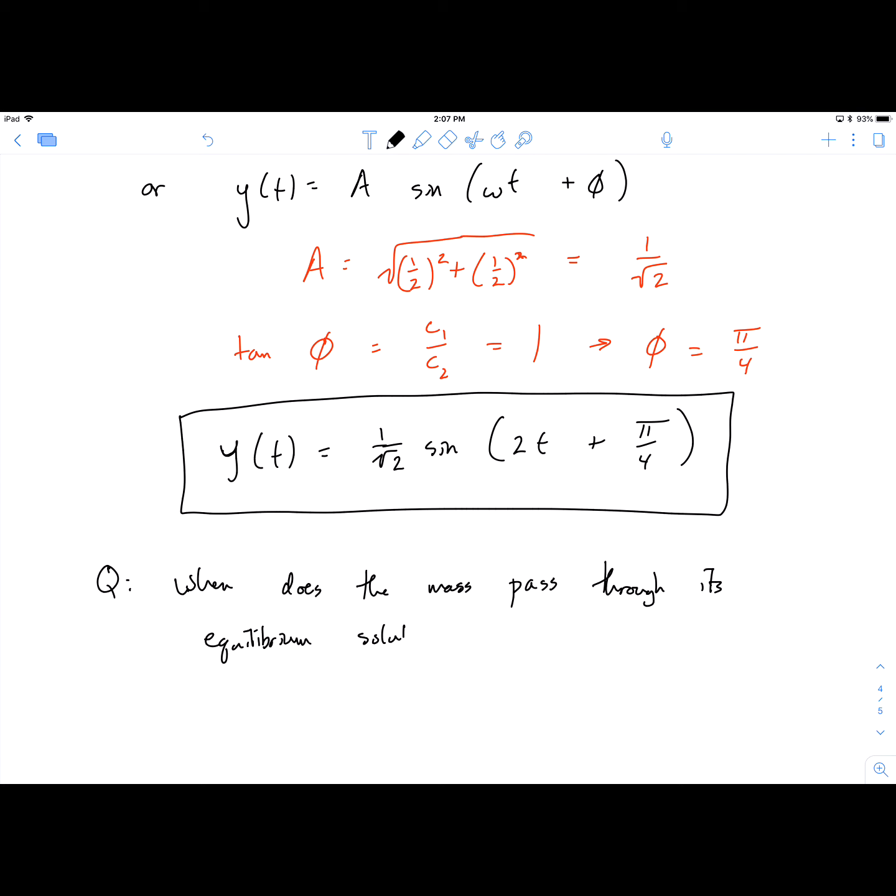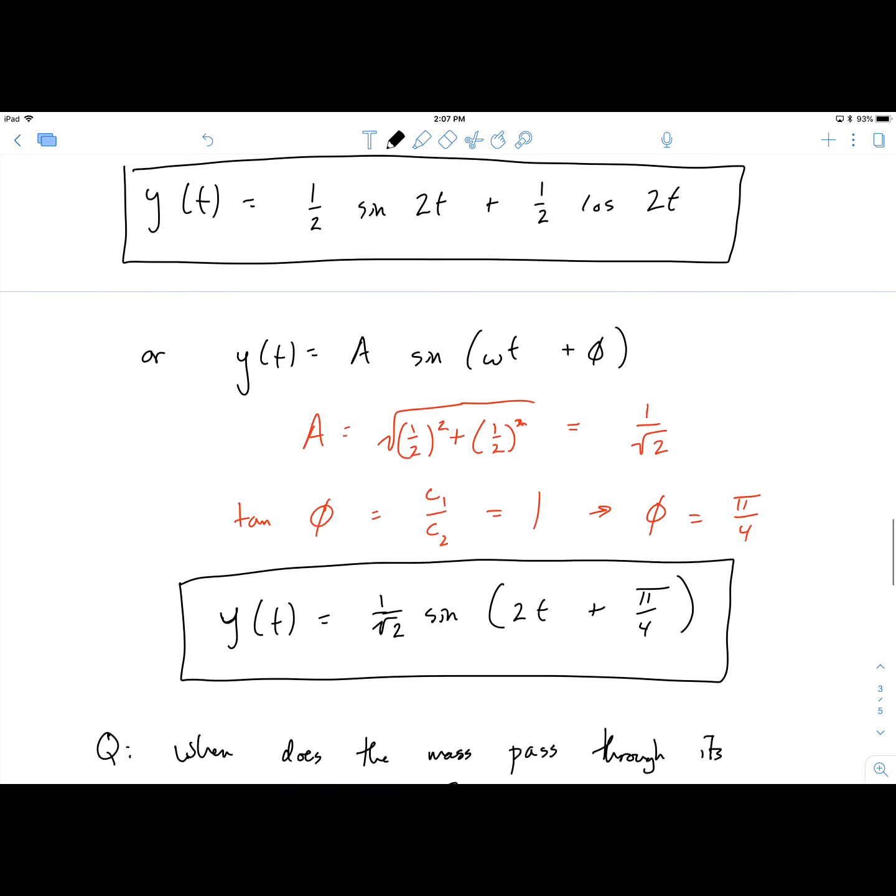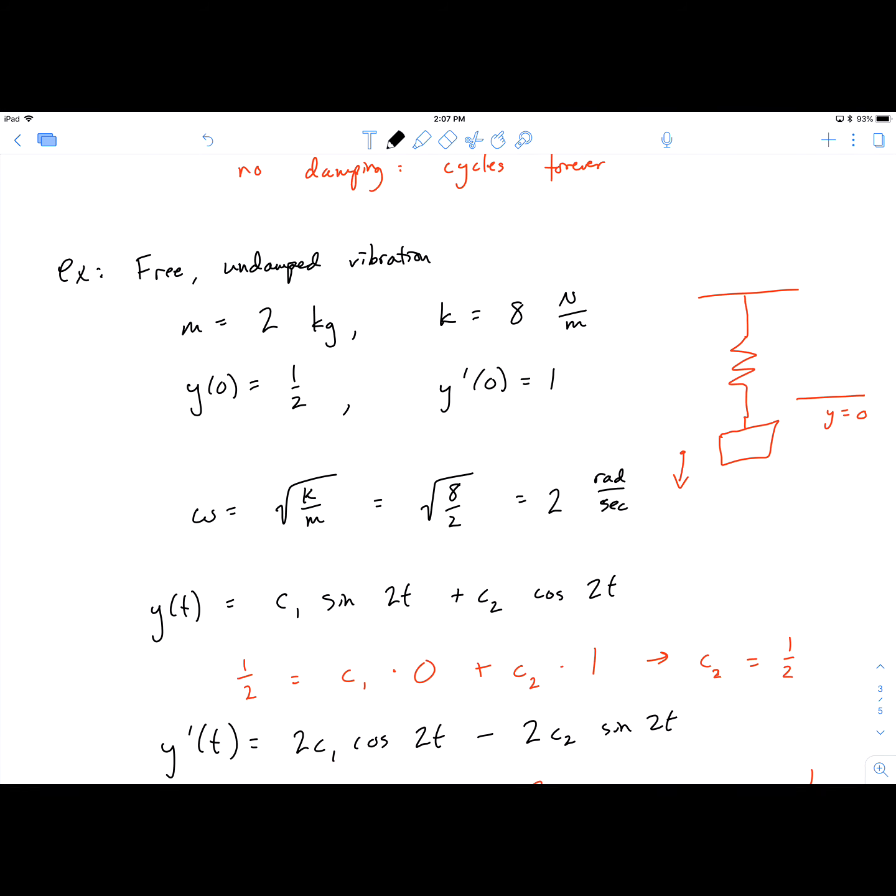Now, of course, it's going to pass through the equilibrium position infinitely many times. Because there's no damping, it's going to keep oscillating back and forth around this center line position. So when we read the question, we're going to interpret it as: what's the first time that it passes through the equilibrium position?